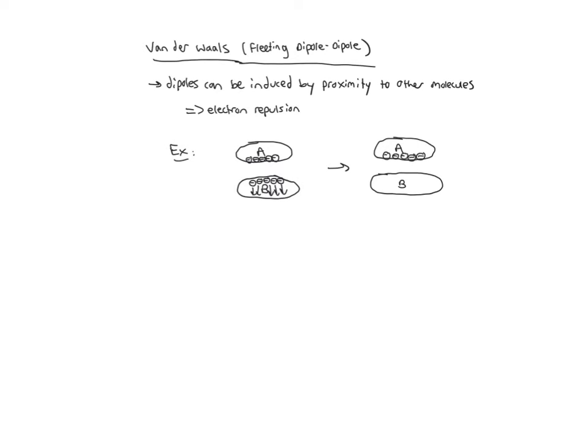So that's going to start to leave a little bit of a positive charge at the top, and then the negative is going to be on the bottom of that molecule.